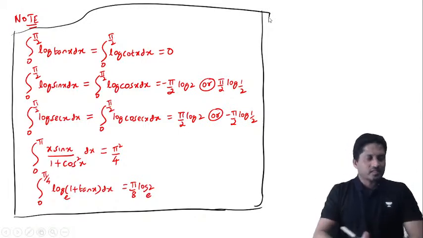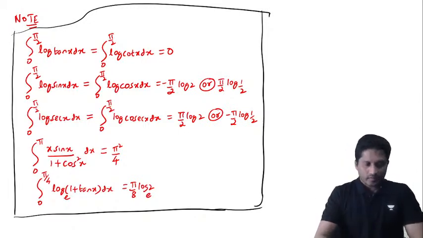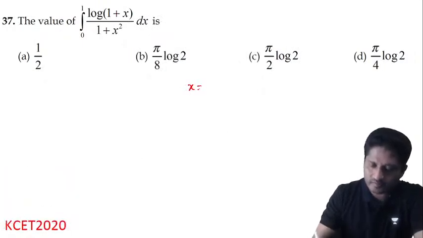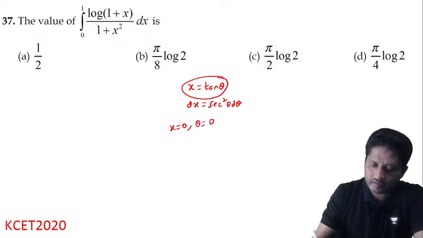Okay, now having said this, in the next question, I'm going to put x is equal to tan theta. dx is equal to sec square theta d theta. If x is equal to 0, then theta is equal to 0.